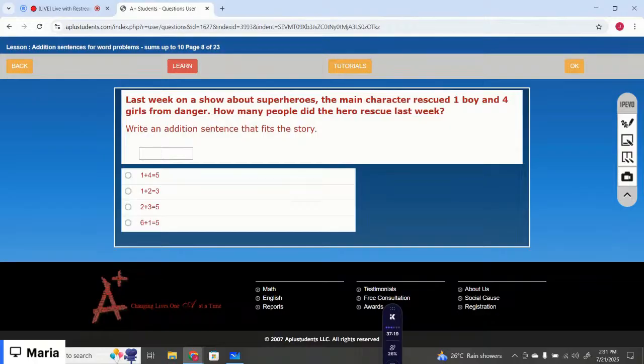Last week on a show about superheroes, the main character rescued one boy and four girls from danger. How many people did the hero rescue last week? So, which is the correct option?